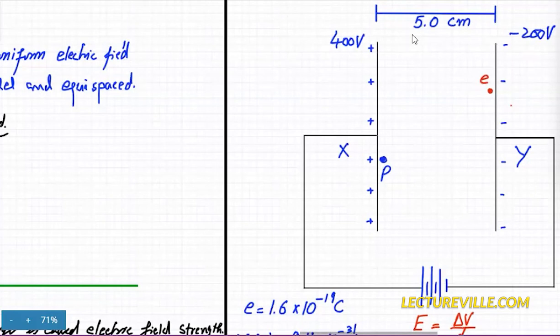Write the data down. u equal to 0. Distance traveled is 0.05 meters. And acceleration is 2.11 into 10 to the power 15. And I want to know with what velocity it will reach the positive plate. With a, is it v equals... v minus u over t? No, we don't have t.